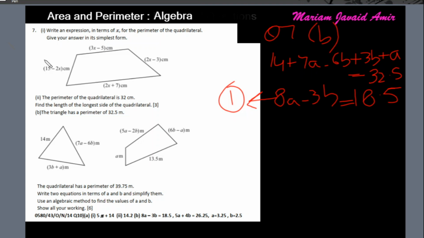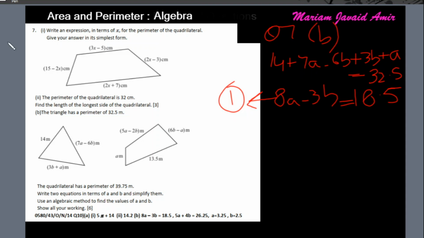Add these and we get 15 plus 32 is 47a equals 78.75 minus 74, which is 4.75. So no, that was 78.75.